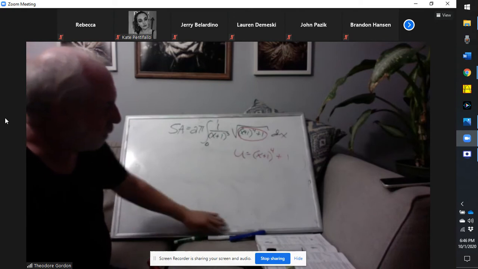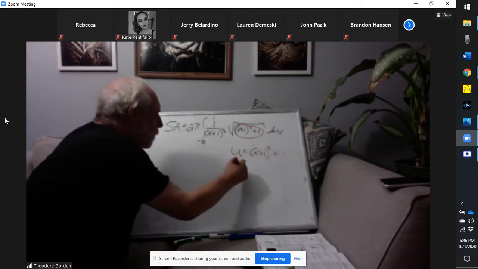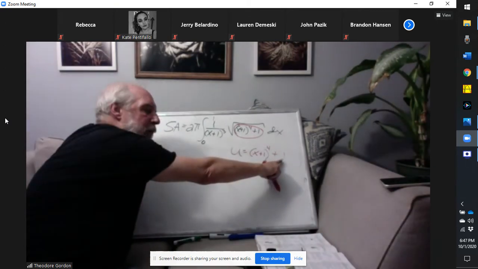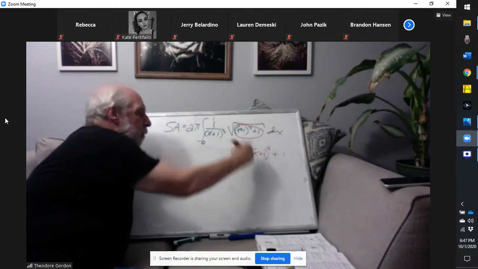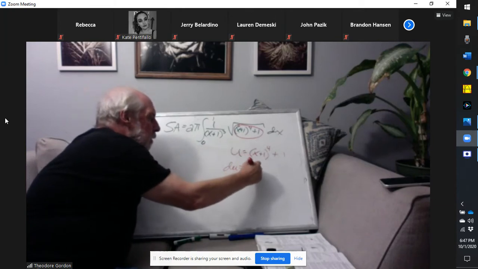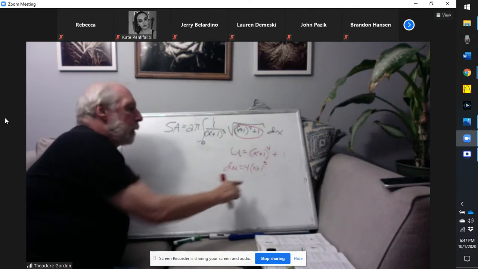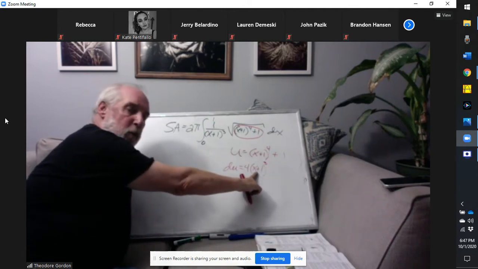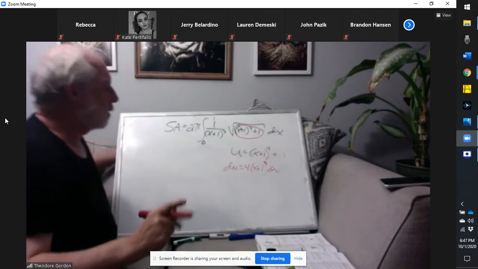Now we do the derivative of both sides. The derivative of 1 is 0. And this is a chain rule. So the 4 comes down in front. Subtract 1. And then the derivative of the inside is just 1. So that gives us dx.